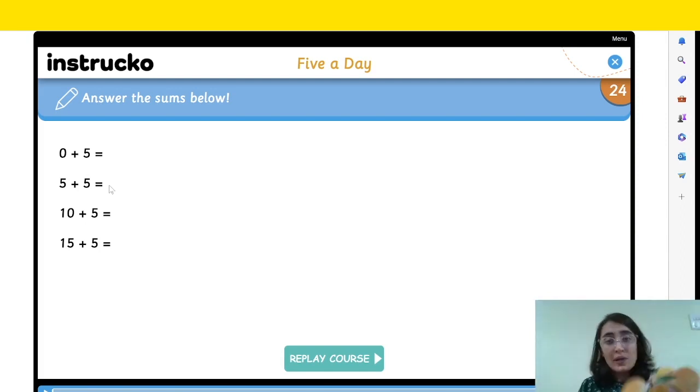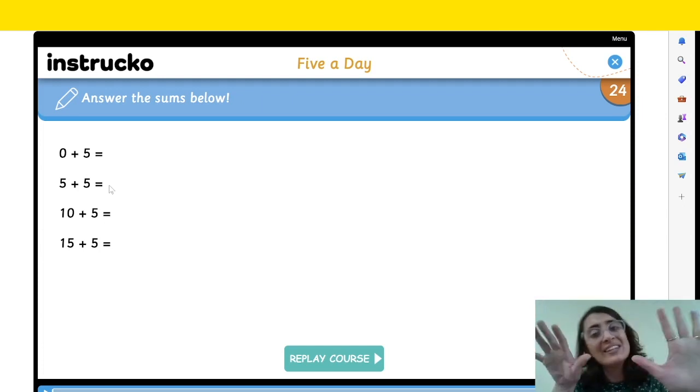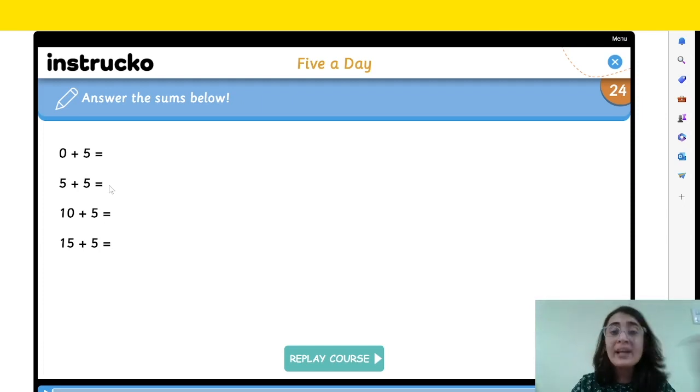Right? So did you learn skip counting by 5? First comes 5, then comes 10, then 15, then 20, then 25 and then 30 and so on. Every time you have to skip count by 5. Just keep adding 5 to the last number and you can skip count by 5.